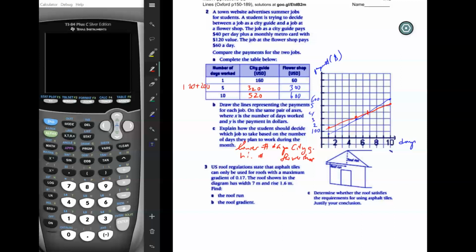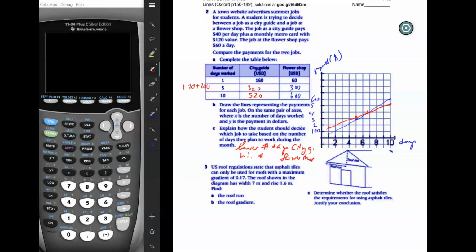But here you could find it by extending this table out, right? We can see that happens somewhere between like 6 and 8. So if we put like 6, 7, 8 days worked, then we would probably find pretty close to how many days it would start compensating to be a flower shop instead of city guide. Okay? All right, number 3.